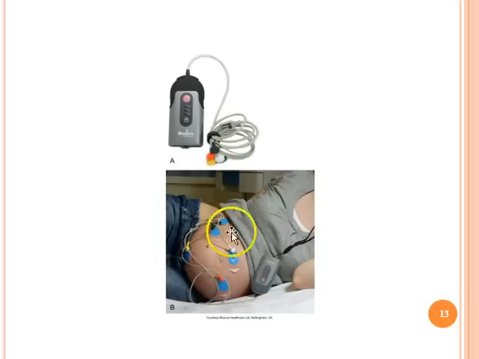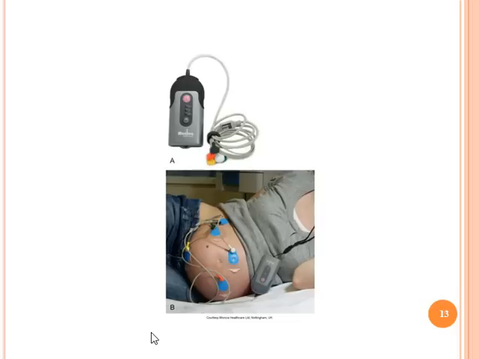So if you are in a place that has this fancy new equipment, this is helpful for moms who may want to ambulate. And then we can still, while they're ambulating, get a tracing of the baby's heartbeat and then see the uterine contractions also.